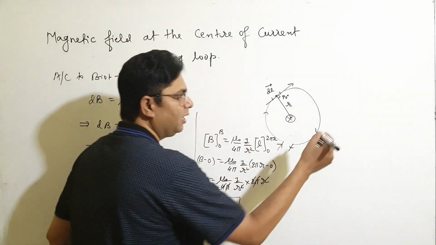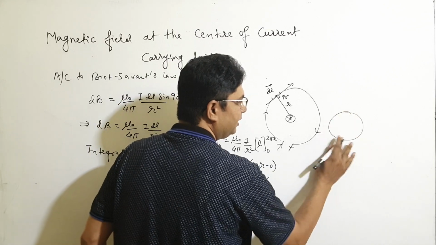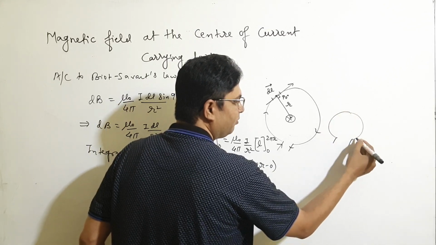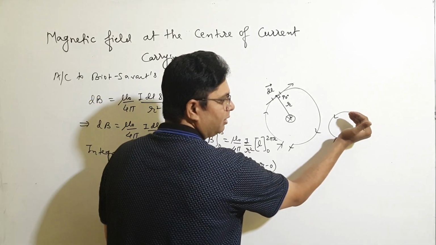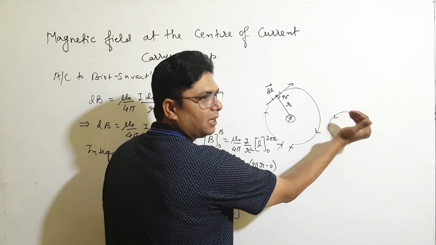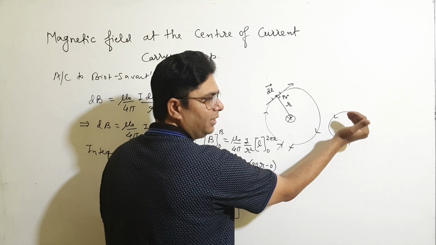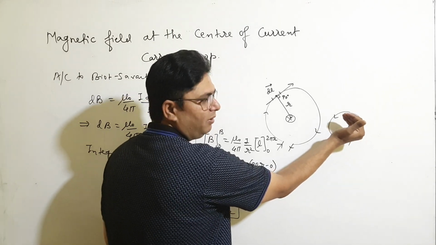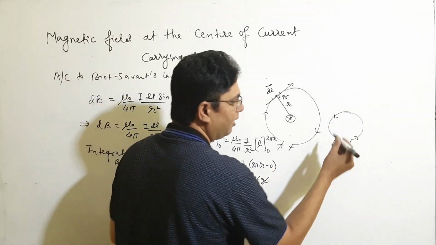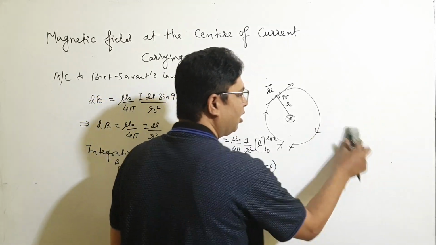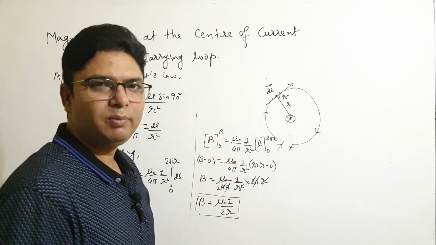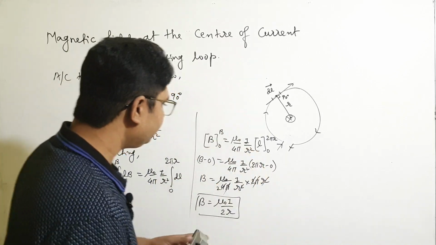For example, if this is a loop and if current is moving from this side, then put your hand on the current loop such that the curled fingers indicate the direction of current, then the thumb indicates the direction of the magnetic field, it is outward. So here you have to give a dot. Dot means the magnetic field is coming outward and cross means the magnetic field is going inward.